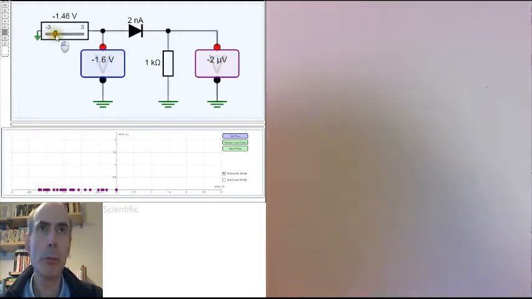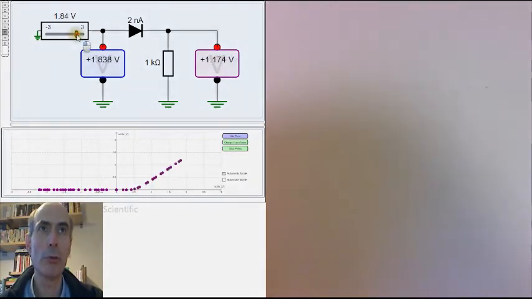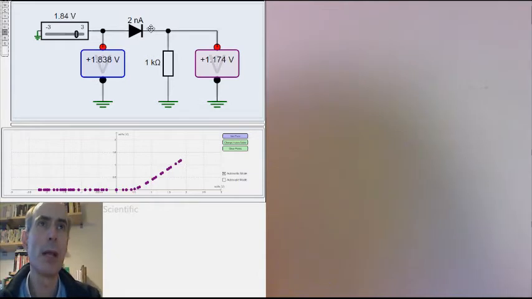What is a bigger problem is what happens with small positive voltages. See, 284 millivolts coming in, and the output of my rectifier is only 61.78 microvolts. And as the output and input increase in voltage, that forward voltage drop of around 0.7 volts in this case starts to become a significant problem.